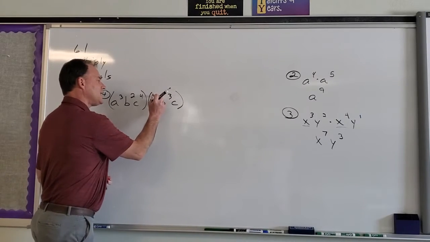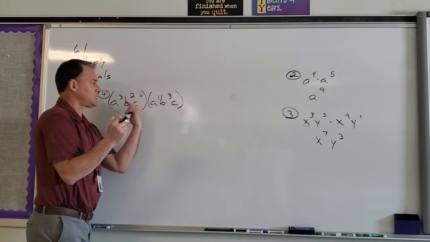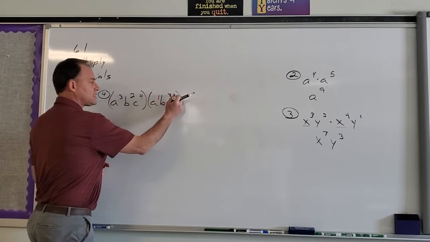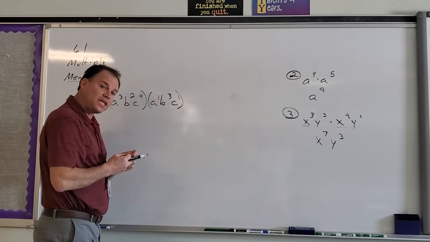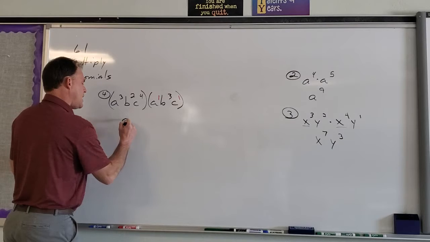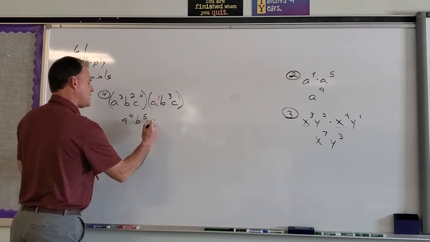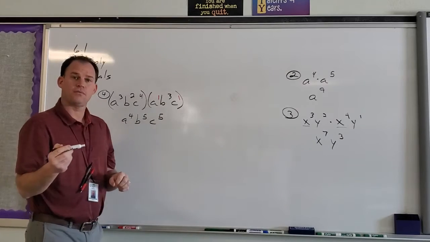The A is to the first power. The 3 is only on the B. It doesn't extend past there. The C is to the first power. Each variable has its own exponent. So this would be A to the 4th, B to the 5th, C to the 5th.